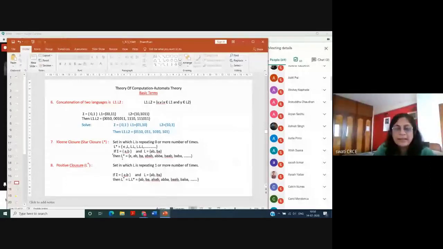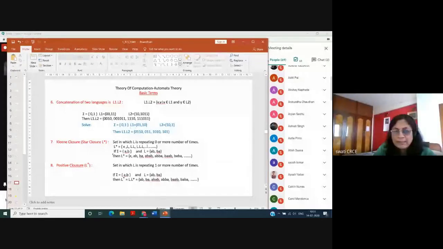And we are saying that in L star, L can be repeated for 0 times. If it is repeated for 0 times, it is not there, so the first element is epsilon. But if it is repeated for 1 time, you will have AB, BA. And then you will have the combination L dot L. We have studied L1 dot L2 here.